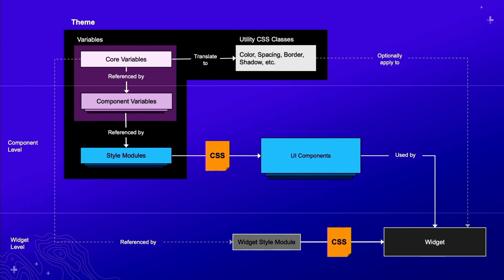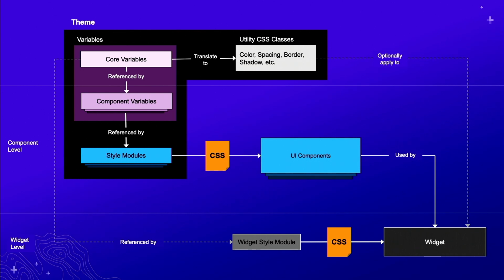For example, the button component has its own background color variable, and this variable is using one of the colors from the core variables. Then the component variables are passed to the style modules, which are the functions, as I mentioned, to generate the CSS styles at runtime.